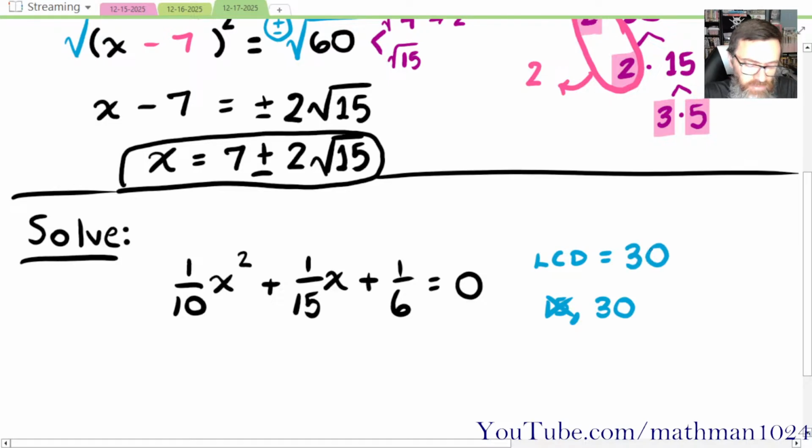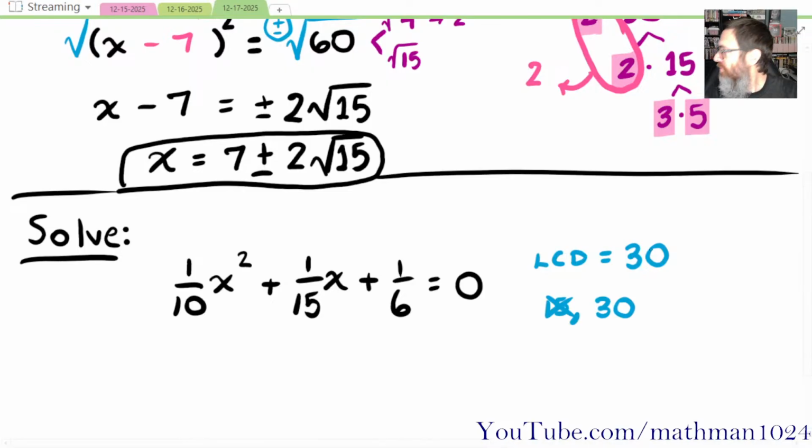Now there are two ways of clearing fractions. What I'm going to show you is something that leads into a discussion that we're going to have a little bit later. Take this 30 and rewrite each of these denominators so that it is 30. So for example, I've got 10. What do I multiply 10 times to get 30? Well, that's 3.